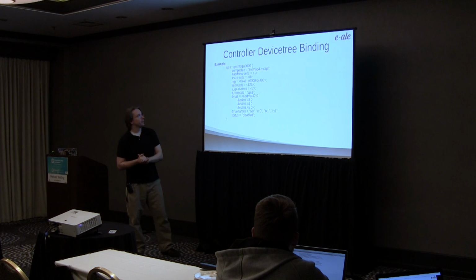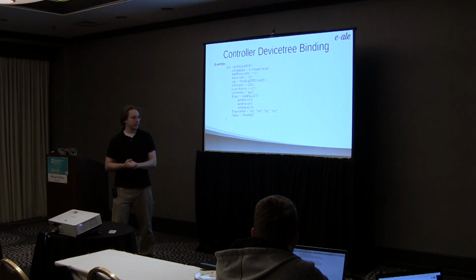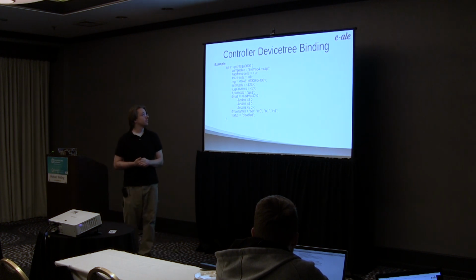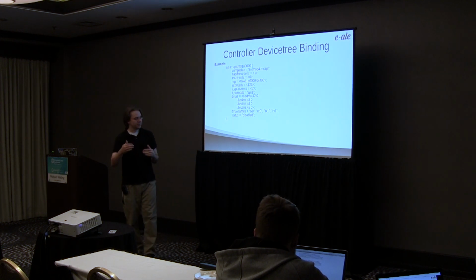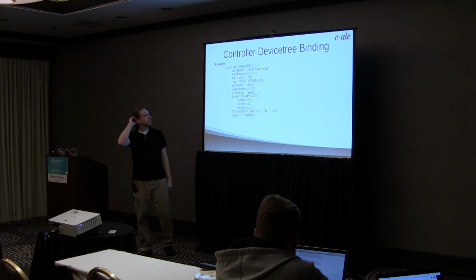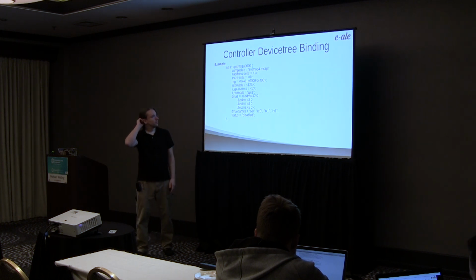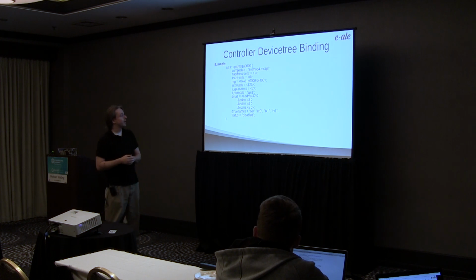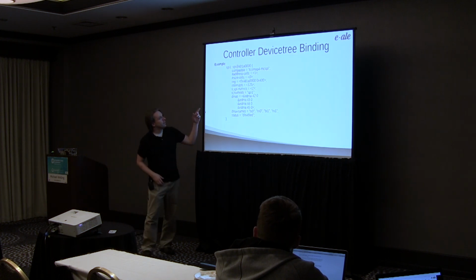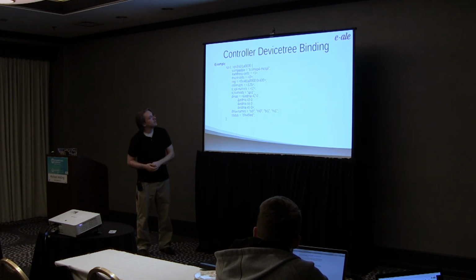Reg tells you where that thing is in the memory map space physically and the size of the map. So there's a lot of controller registers in there. This one particularly has a space of 400 hex. Then you have interrupts, etc.